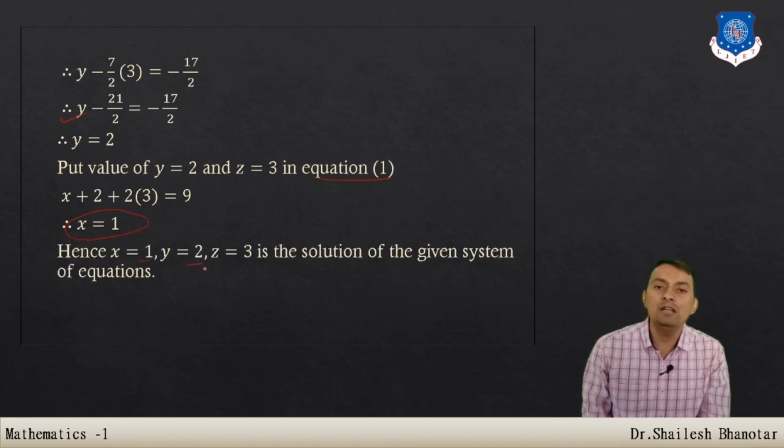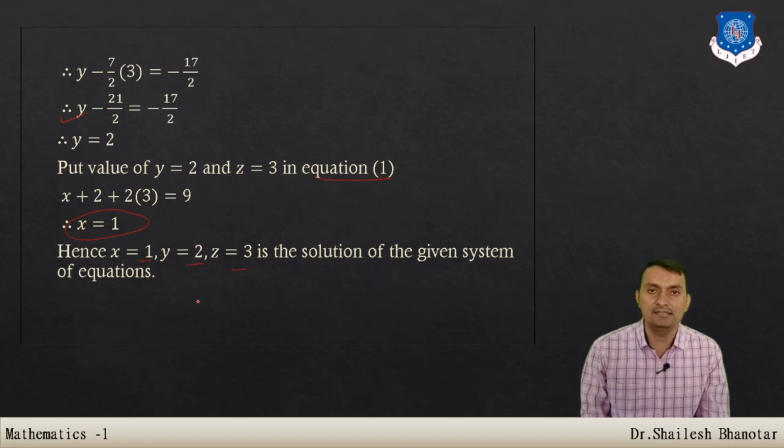Therefore x equals 1, y equals 2 and z equals 3 is the unique solution of the given system. Since it is a unique solution, the system is consistent.